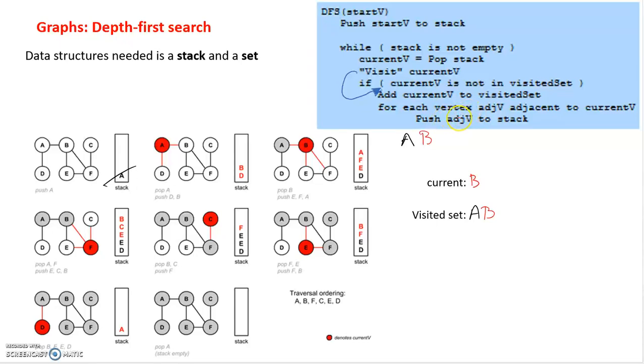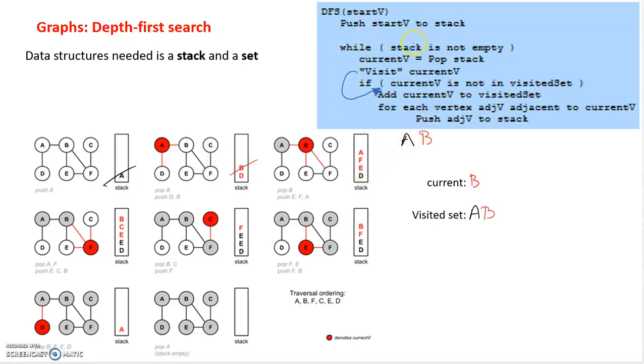For every vertex adjacent to B, we push it on top of the stack. So what are the vertices adjacent to B? Adjacent to B we have A, E, and F. And by the way, this B has been popped in the previous step. So adjacent to B are A, E, and F, and they're all placed on top of the stack.